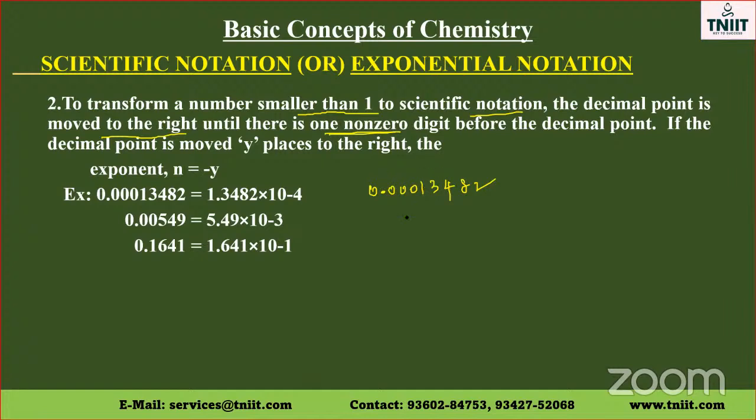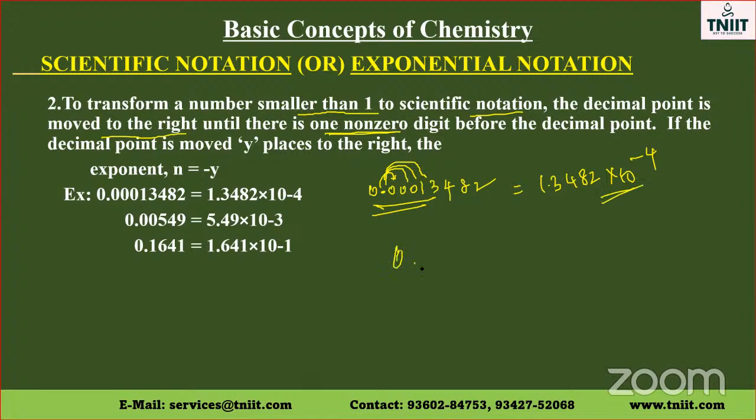Therefore, if we have to represent it by a scientific notation, this decimal has to be shifted to the right. 1 place, 2 place, 3 place, and the 4th place. So when you shift it by 4 places, we can write this as 1.3482 into 10 to the power. Whenever the decimal is shifted to the right for a smaller number, the exponent will be negative. Since you're shifting it by 4 digits, it's 10 to the power minus 4.